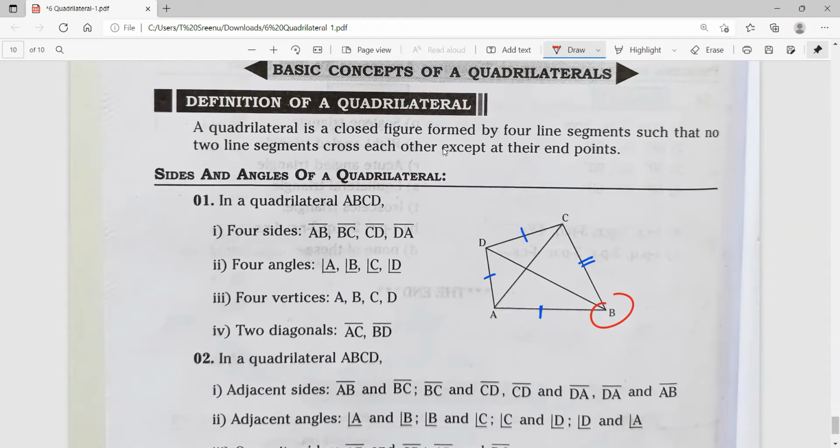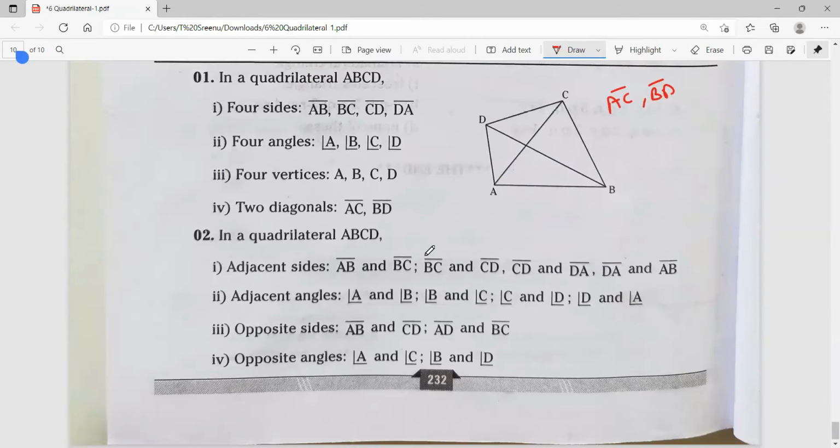Diagonals are line segments joining opposite vertices, AC and BD. Then opposite angles, opposite sides, adjacent sides, adjacent angles. This we already finished in the last session.